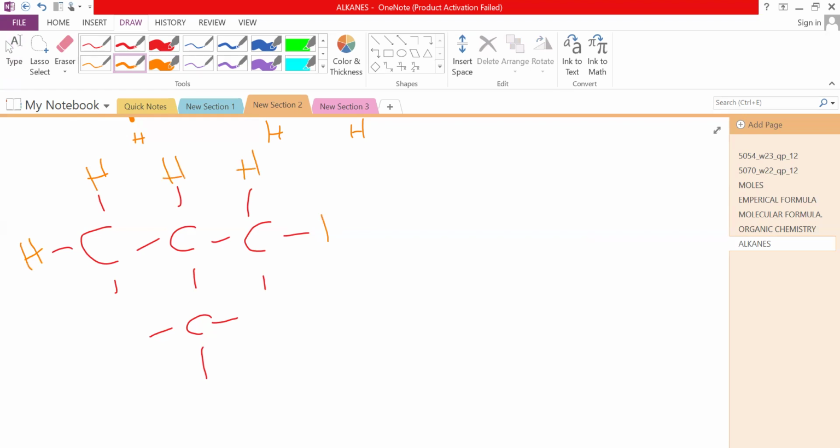So you can simply write it like methyl propane. The name is different, but the molecular formula is same. However, the structural formula is different.